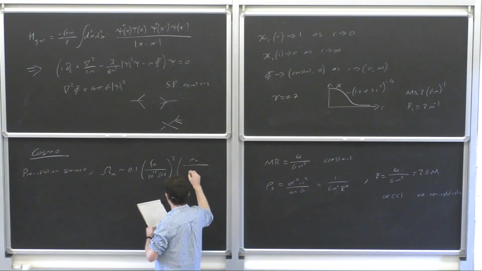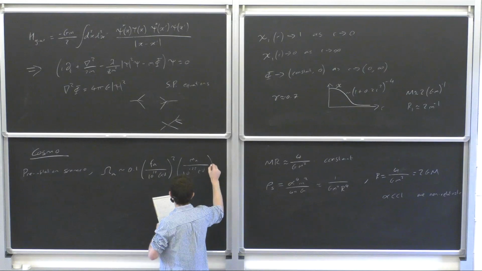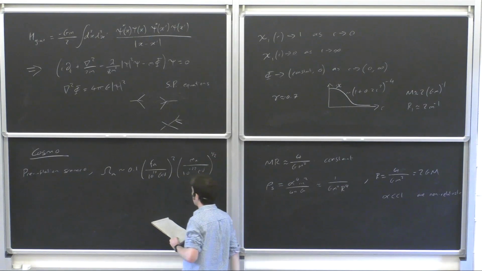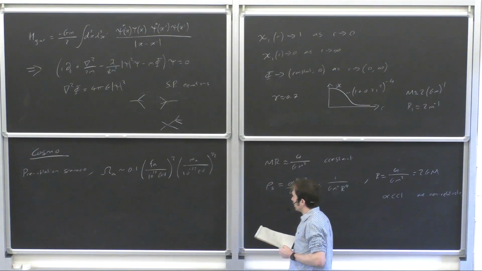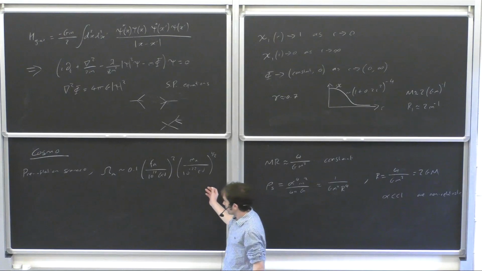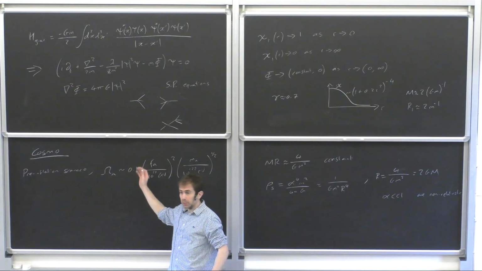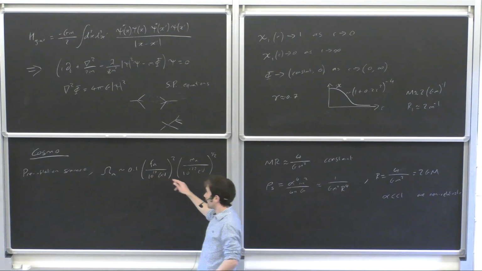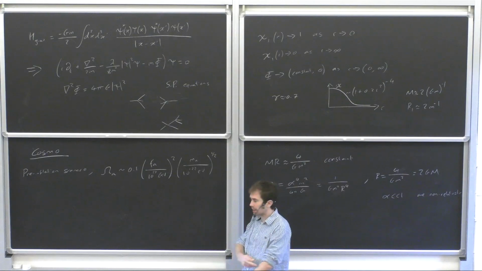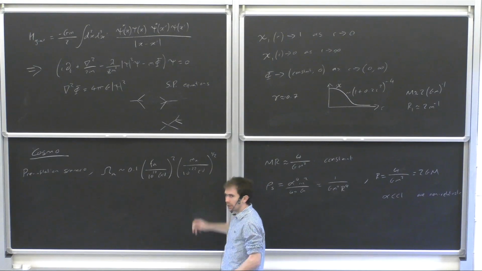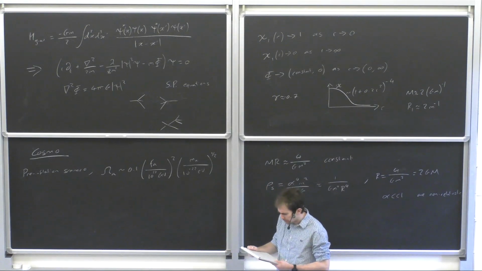And let me normalize m_a to 10 to the minus 22 electron volts. So indeed, if I want such an axion to comprise the majority of the dark matter, picking f_a roughly near the Planck scale and picking m_a really very small gives me the right abundance.